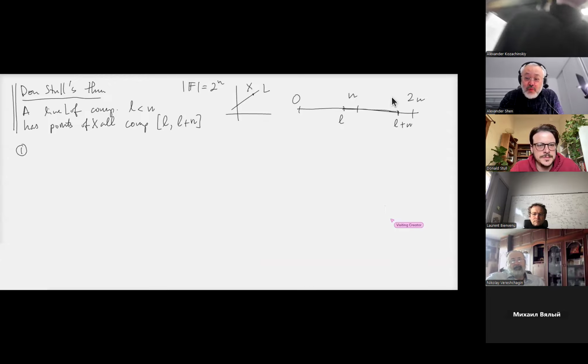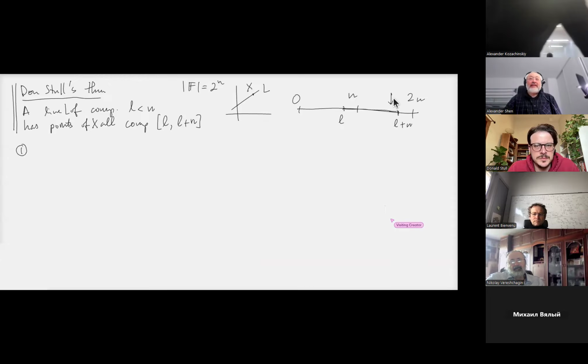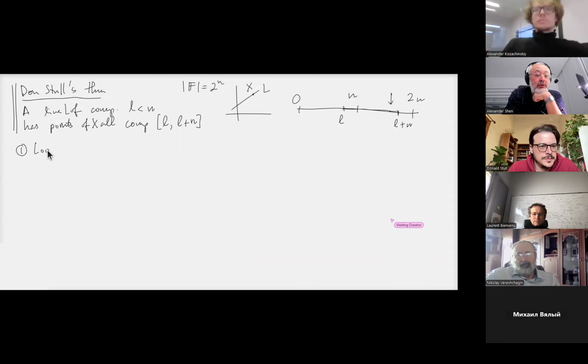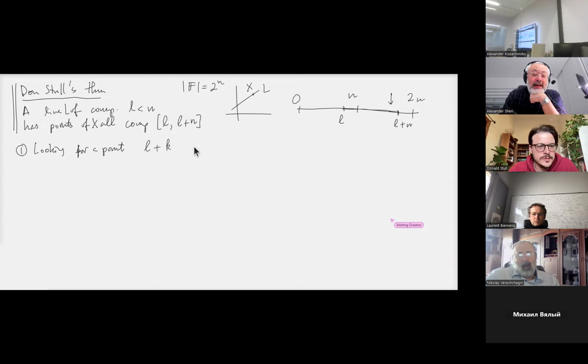The first case works when we are close to maximal, looking for a point of complexity L plus k, when k is not too far from n.